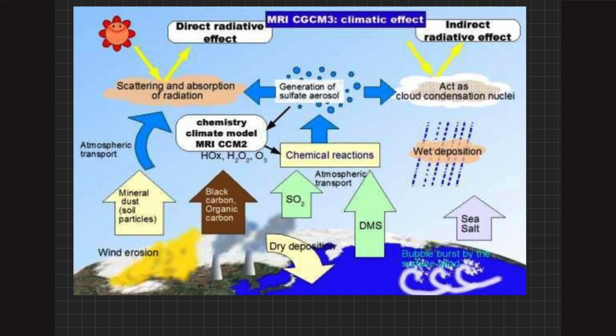Some aerosols absorb gases like sulfur dioxide and dimethyl sulfoxide, and these gases are absorbed on the surface of these aerosols and then they produce various types of chemical reactions and various products, and these products are secondary in nature.